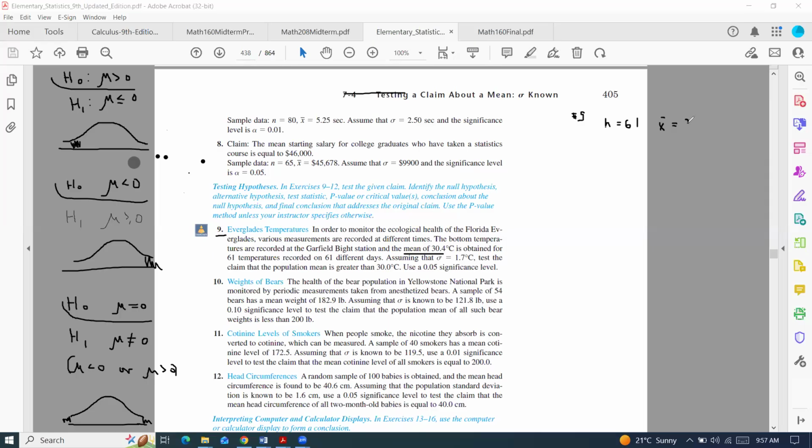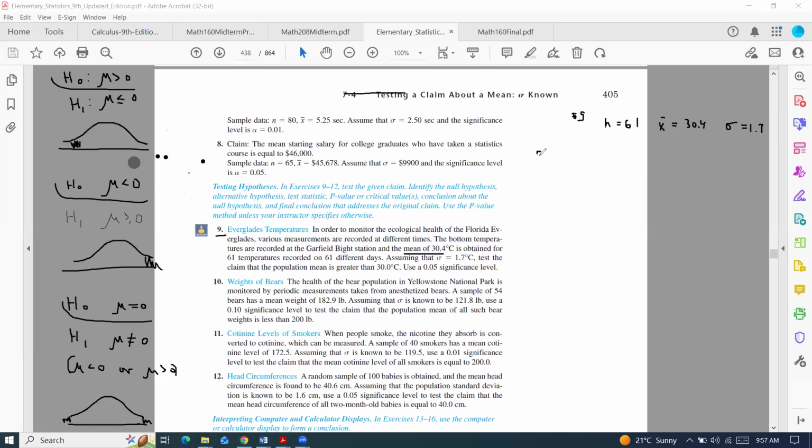So 30 is the sample mean. That's what they give us. And then they also say the standard deviation is 1.7. So, things that we already encountered: mean, standard deviation, sample size.